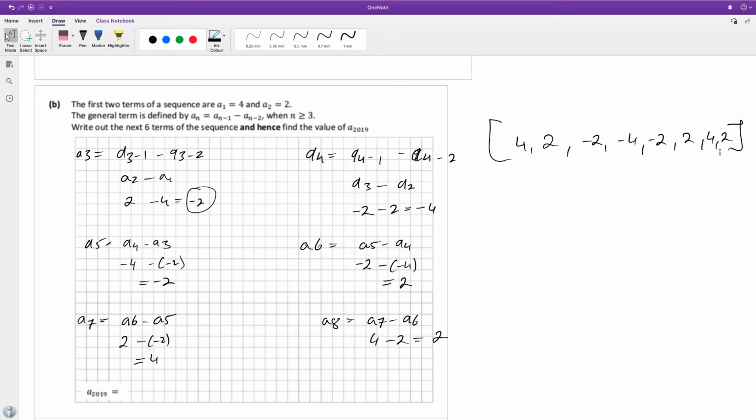What are we all doing, boys and girls? Is it geometric? How can we check if it's geometric?